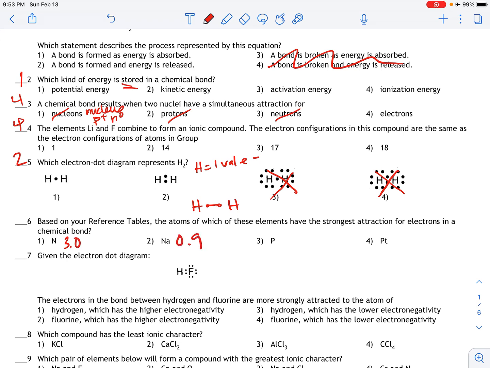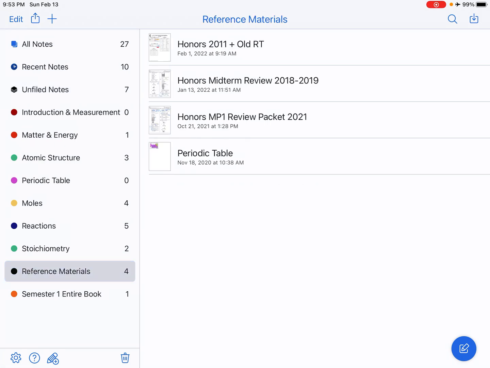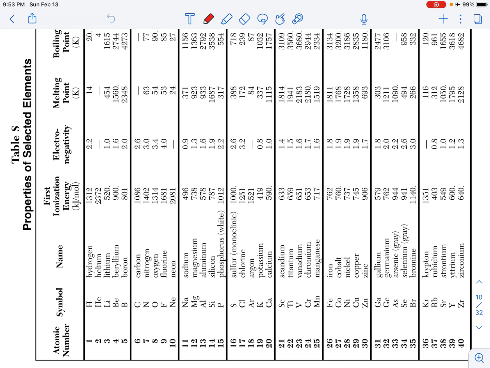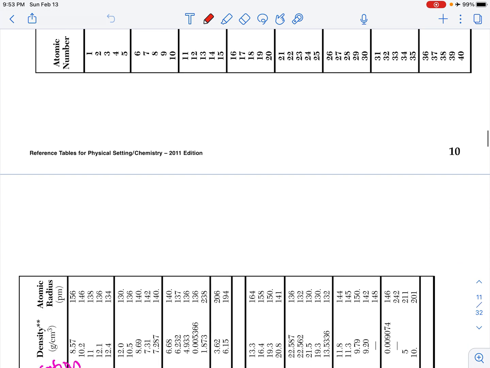Phosphorus is 2.2. Platinum, where are you, platinum?